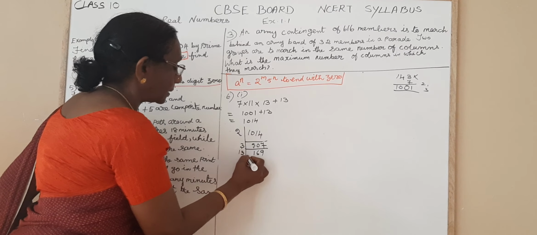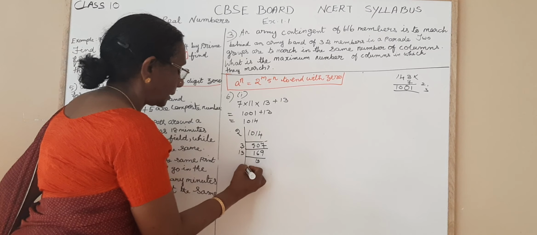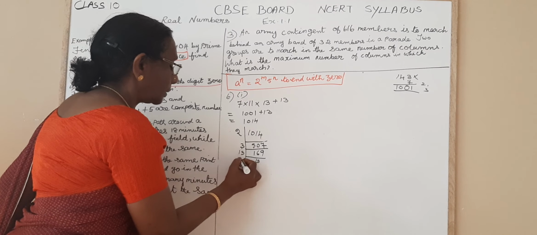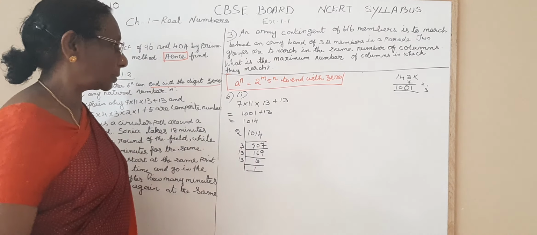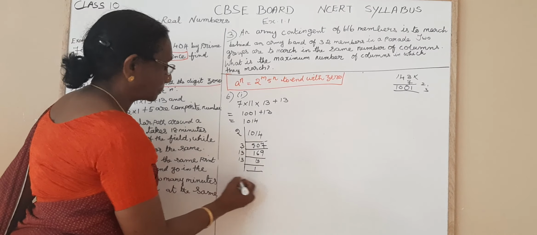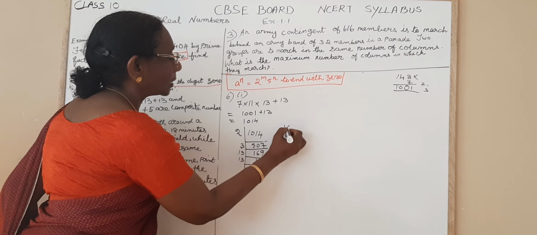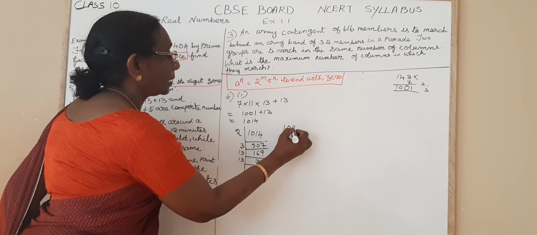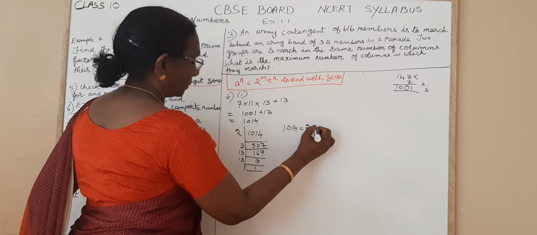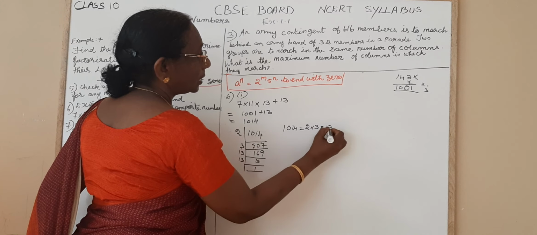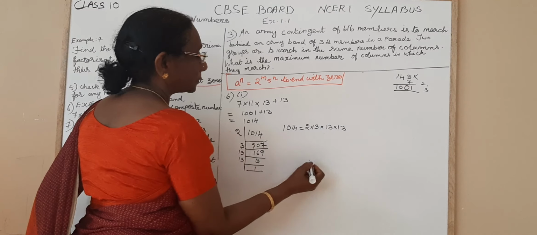So 13 goes 13 times, 13 into 13, 169. Now 13 is a prime number. So here the prime factorization stops. Therefore, 1014 is equal to 2 into 3 into 13 into 13.